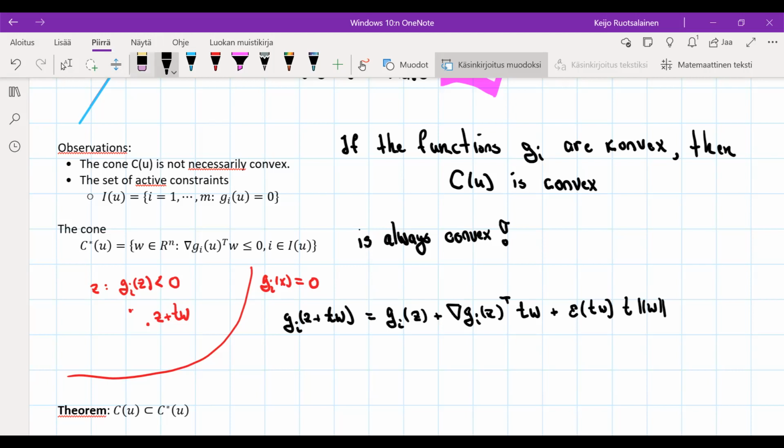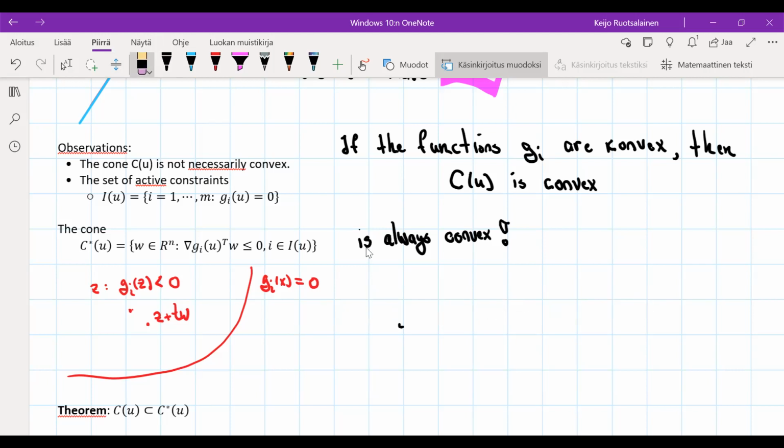Okay, let's forget this one for a while, because we are interested in the points which are on the boundary.